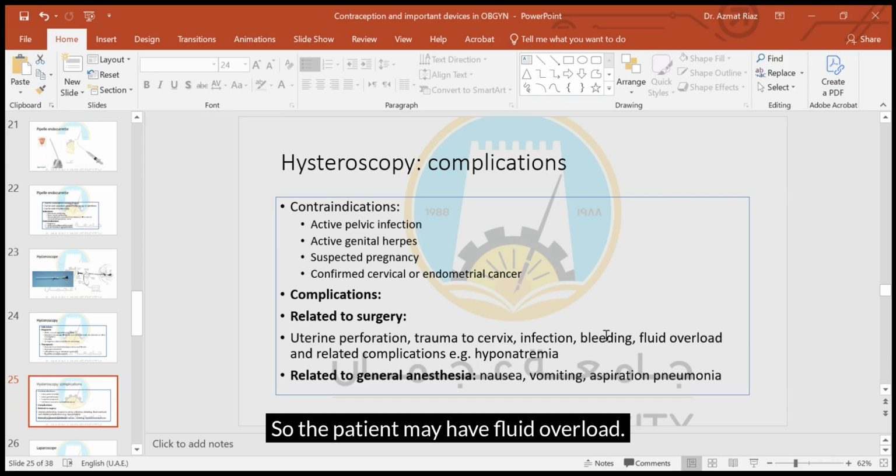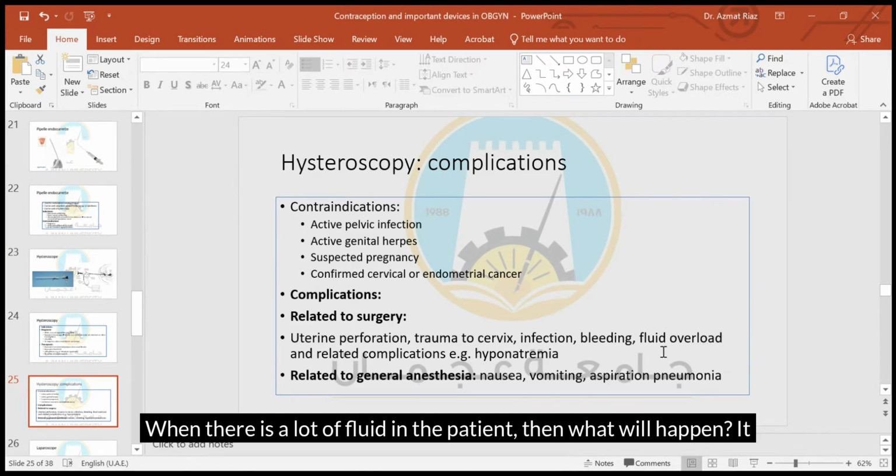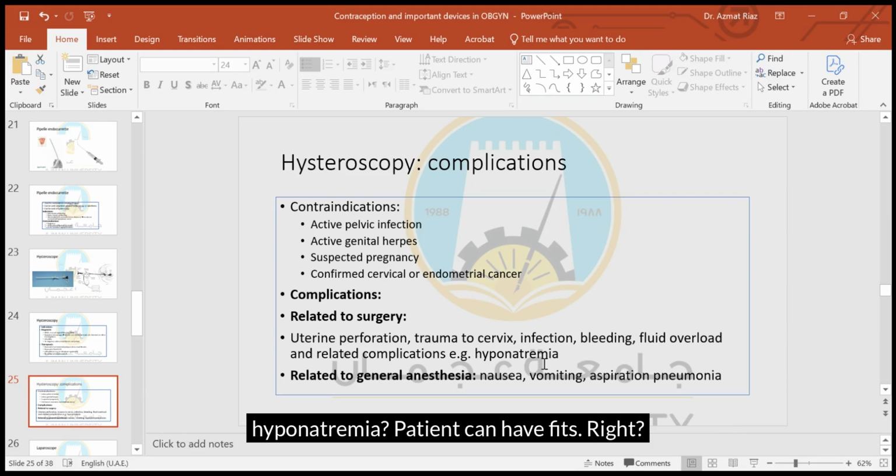So the patient may have fluid overload. When there is a lot of fluid in the patient, what will happen? It will cause hyponatremia. Okay, with severe hyponatremia, what will happen? The patient can have fits, right? It can be a life-threatening situation.